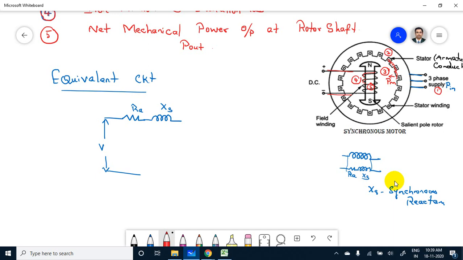The current flowing is IA, the armature current IA. Then we can connect it to a back EMF. This is sinusoidal. Back EMF will be sinusoidal, E.